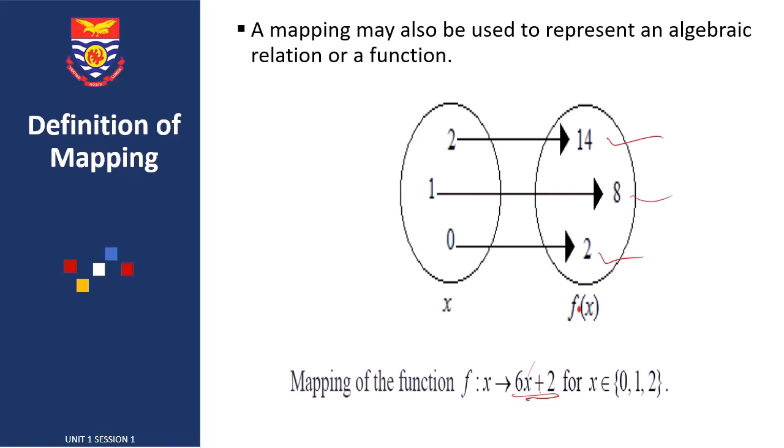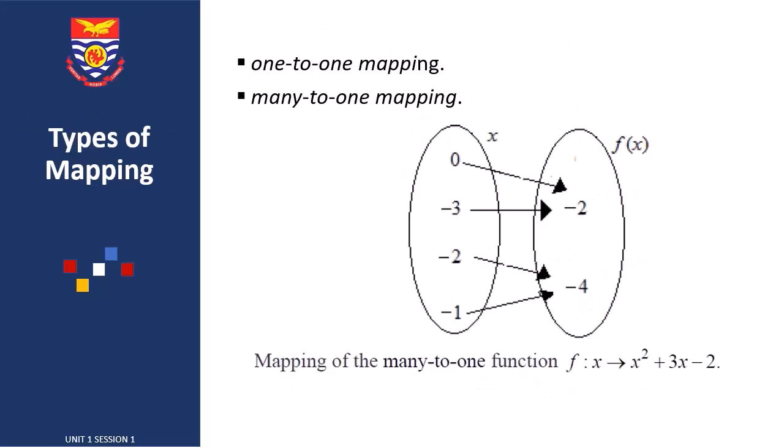Great. So, types of mapping. Here we want to consider only 3 types of mapping, the rest you can find yourself. The first type we want to consider is one-to-one mapping, and then we want to look at many-to-one mapping. For one-to-one, each input value of x maps to only one output value of f of x.